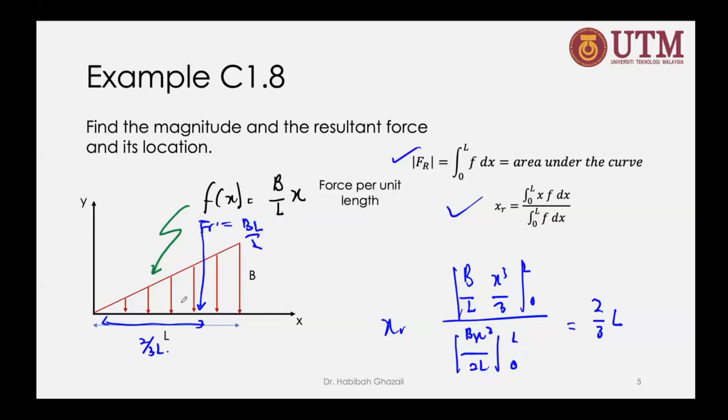With that, we can use the area of a triangle or rectangle, and we can use the centroid. We know straight away that the centroid for a triangle is at 2/3 of the length, and the centroid for a rectangle should be at the center of that shape. So that's how we find the resultant force.